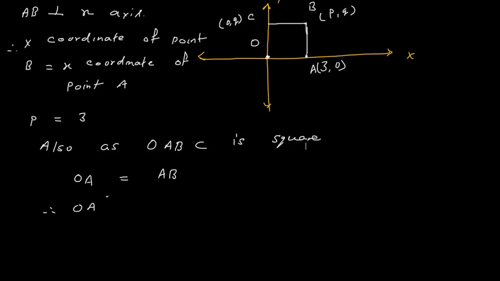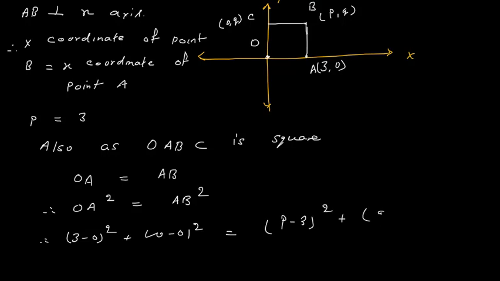Therefore this distance OA, if we apply the distance formula, is (3 minus 0) the whole square plus (0 minus 0) the whole square, and this is (P minus 3) the whole square plus (Q minus 0) the whole square.